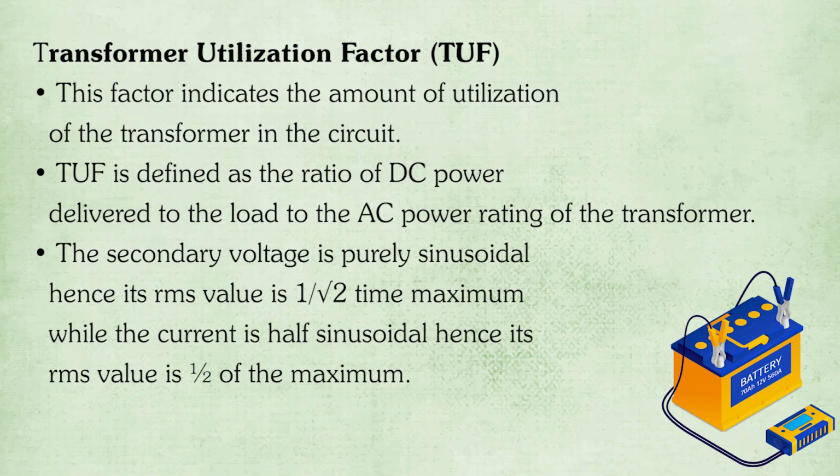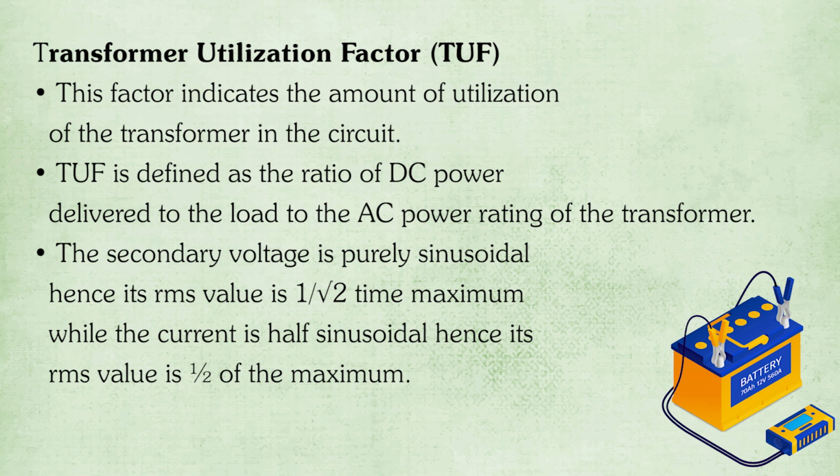The next factor is the transformer utilization factor, denoted as TUF. So, this factor indicates the amount of utilization of the transformer in the circuit. As we have seen in the circuit of the half wave rectifier, the supply is not directly given to the diode, but it is given through a transformer.